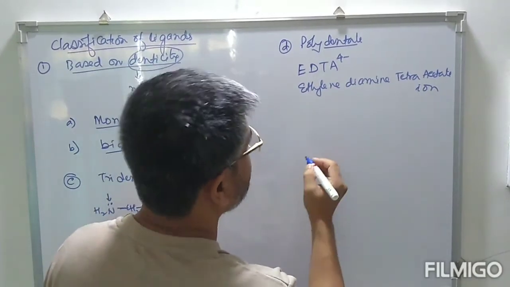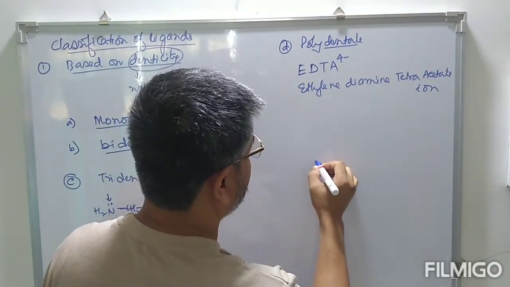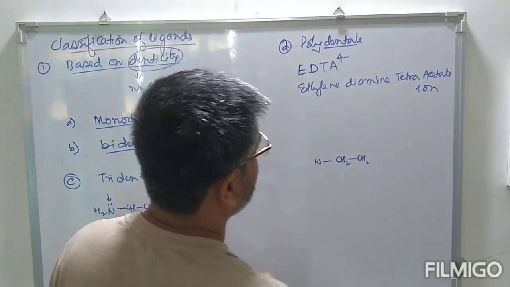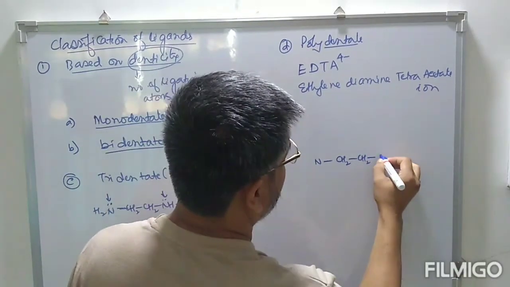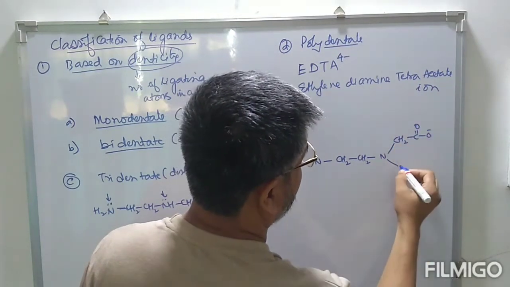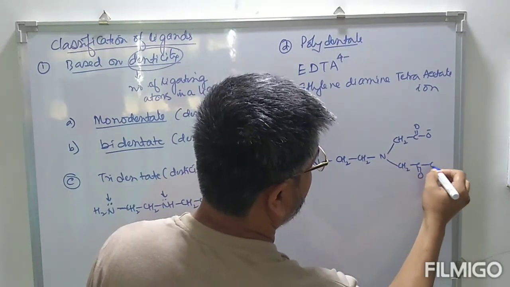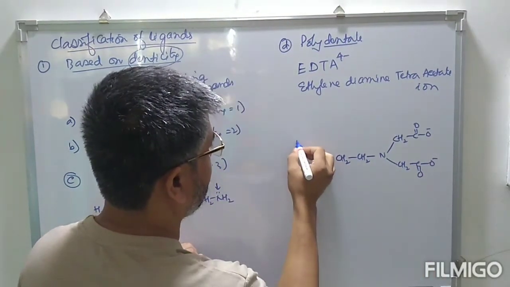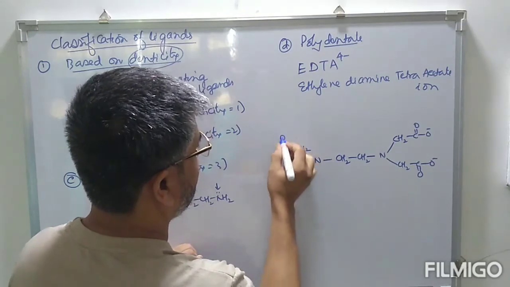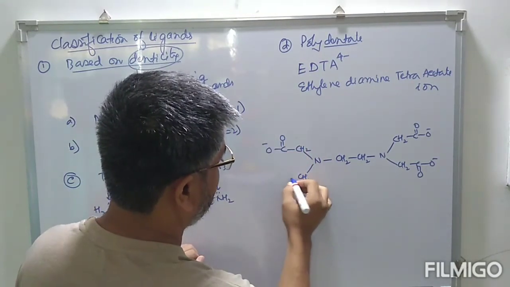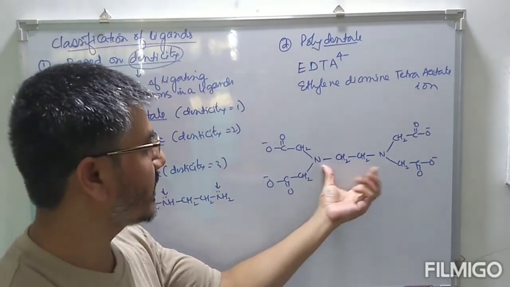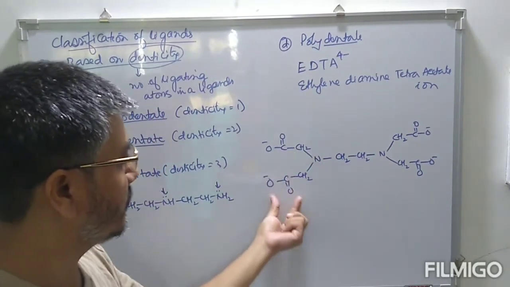So look at this. We have ethylene, 2 carbons, diamine, 2 nitrogens, and 4 acetate groups.